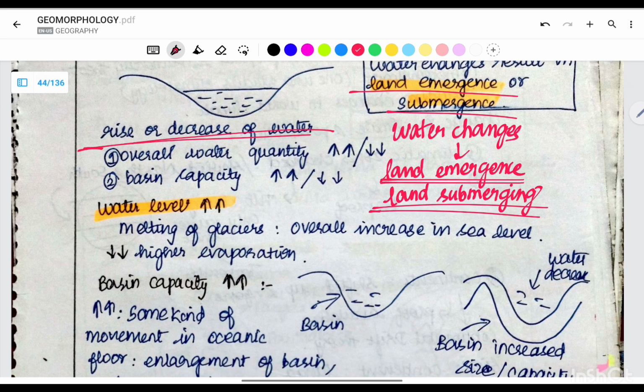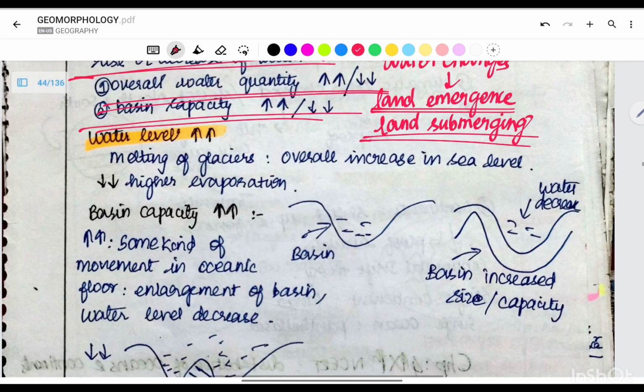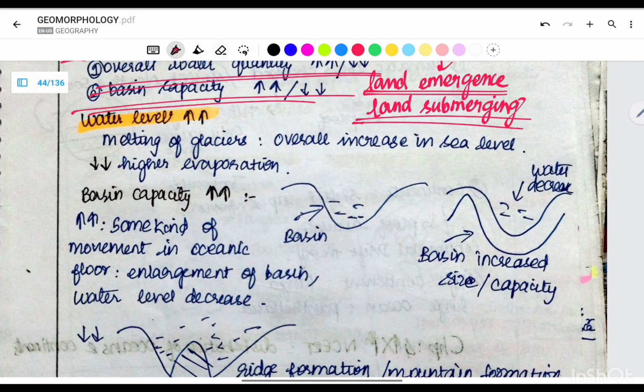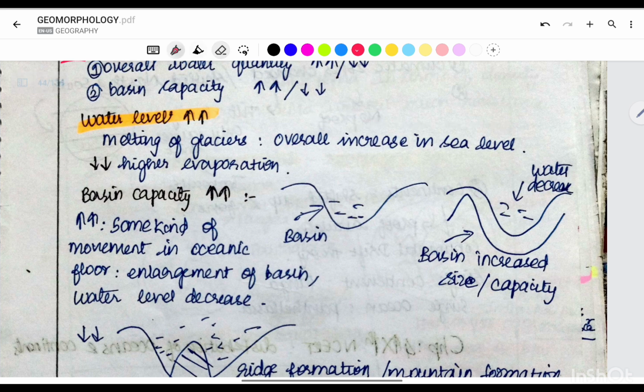The rise or decrease in the overall water quantity and the basin capacity is also increasing or decreasing. Now, water level: melting of the glaciers causes an overall increase in the sea level, and there is lesser water if there is higher evaporation.